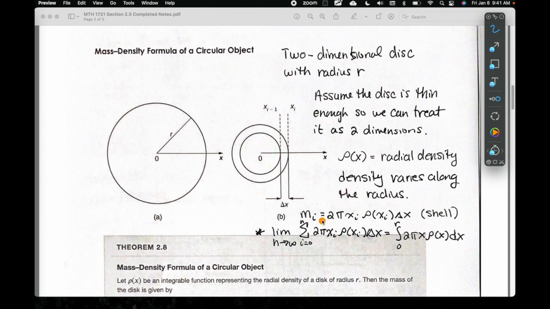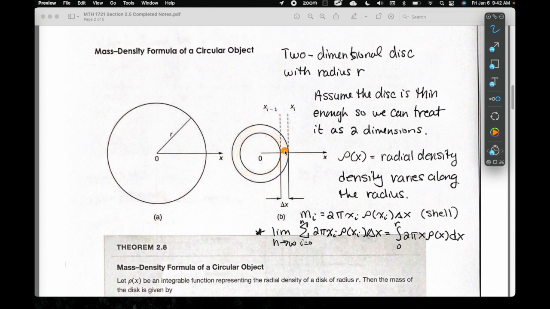So now, to find the mass density formula for a disk, we are basically going to be creating washers, just like we did with cylindrical shells when we were finding the volume of a solid. We're finding cylindrical shells, but we're doing it two-dimensionally, so we're looking at it in terms of a washer.